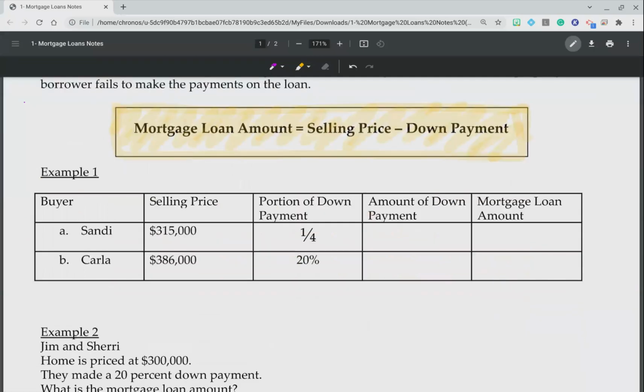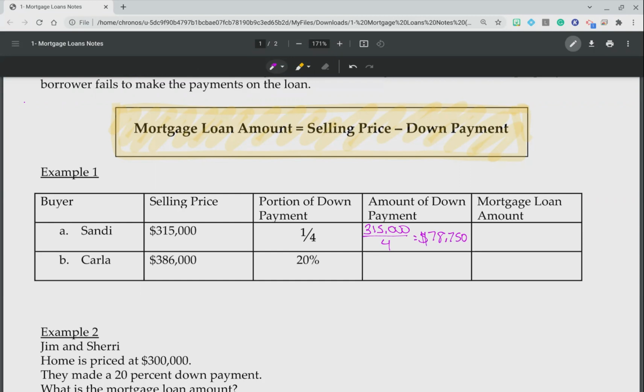Okay, so let's try a few examples. Sandy is buying a house for $315,000. Her down payment is going to be a quarter of the cost of that house. So to find how much of a down payment Sandy is going to make, I'm going to take the $315,000 and divide it by 4, because she is paying 1/4 of that selling price as her down payment, which is $78,750.